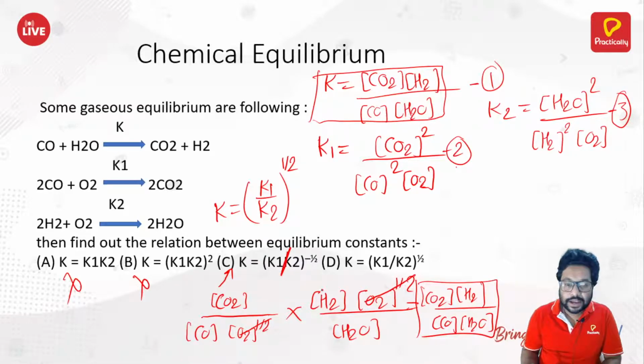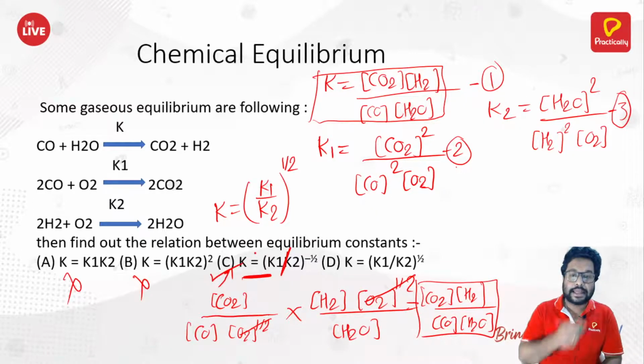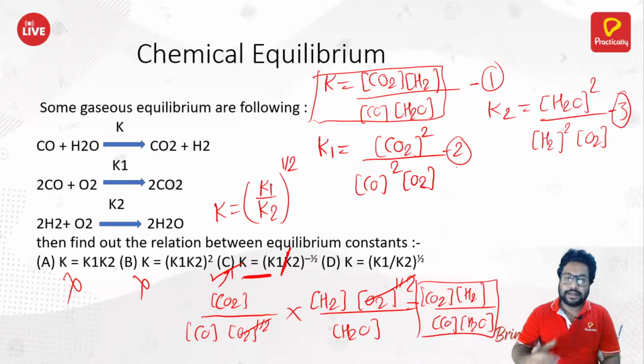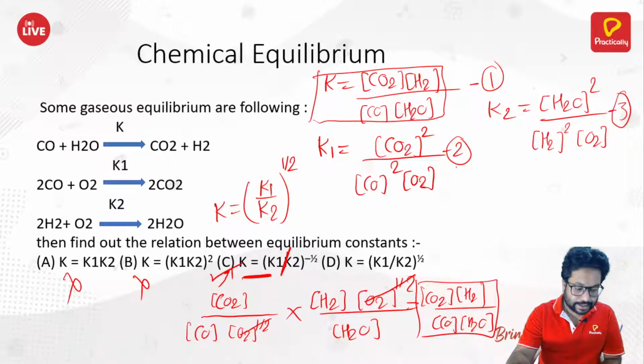That is why your answer has to be C. That is how you can find out the relationship between different equilibrium constants and you can find the correlation between them. Okay. So moving ahead.